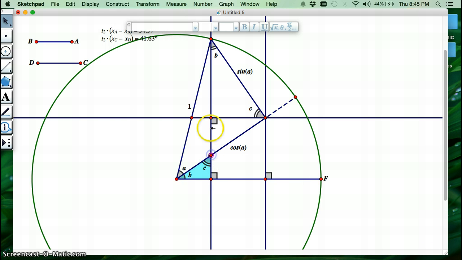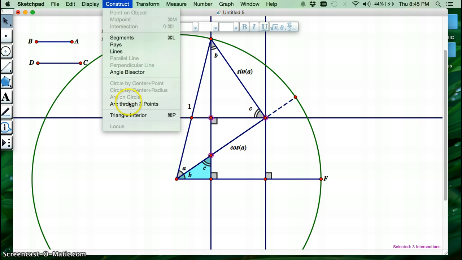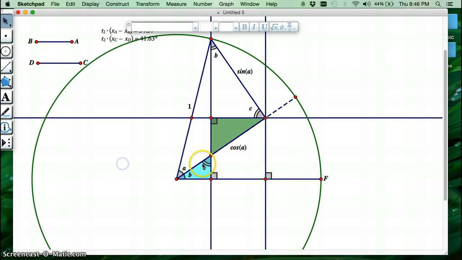Another triangle of interest is the next one right here. And these are of interest because they're both similar triangles. The angle here, C, is the same as the angle on the opposite side, right there.